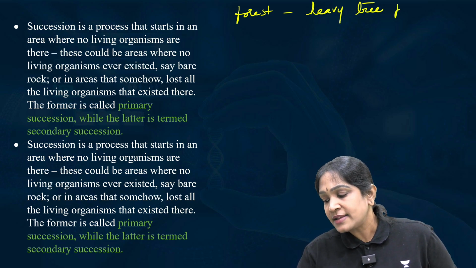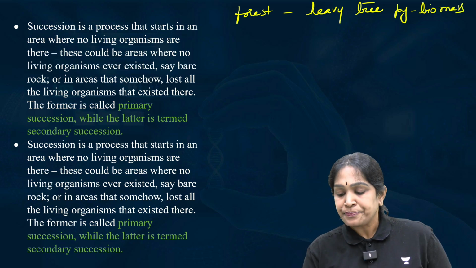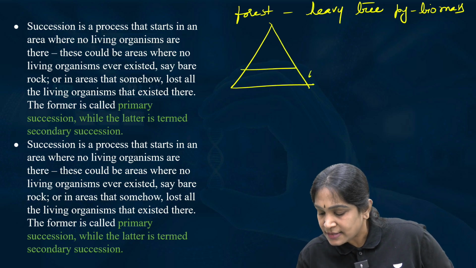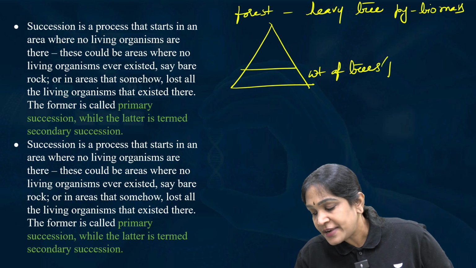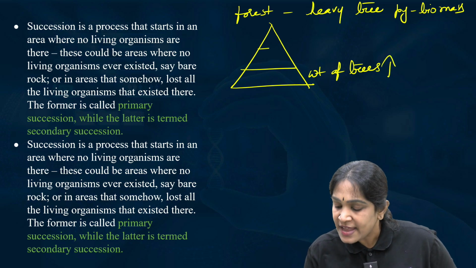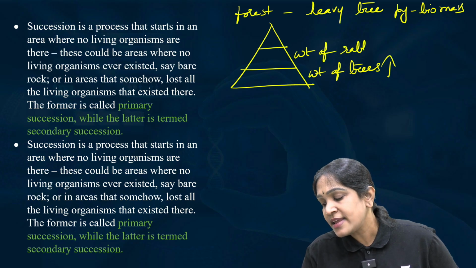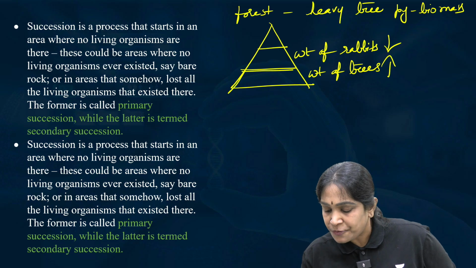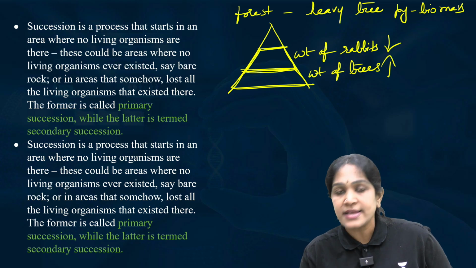So if you take the pyramid of biomass, then the weight of the trees will be definitely more than the weight of some rabbits which are eating those trees. So it means this step will be broader and this step will be narrow. Why it is narrow? Because the weight is decreasing.